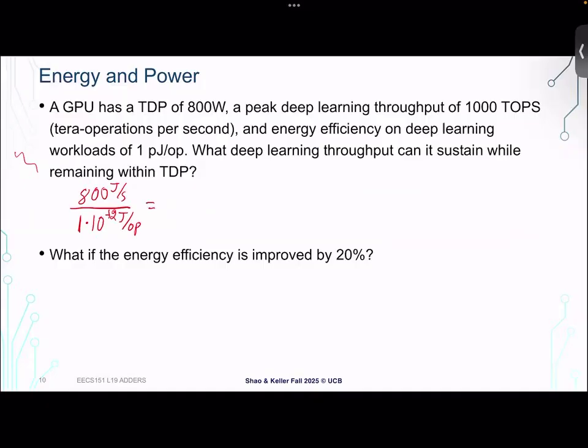And so if you work this out, it works out to 1250 times 10 to the 12th ops per second.